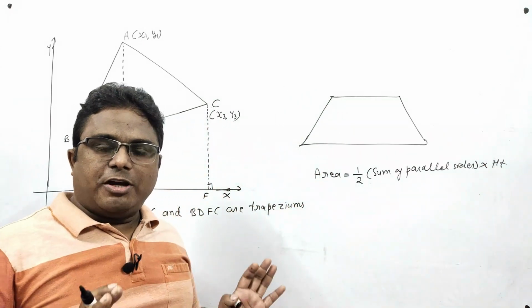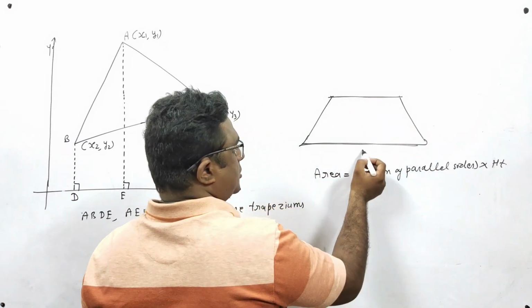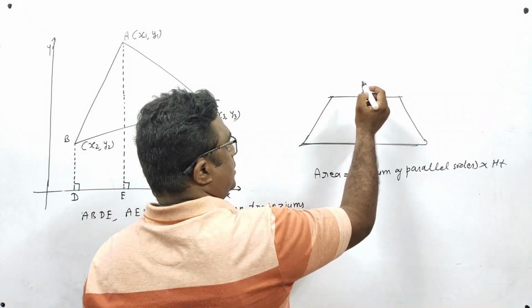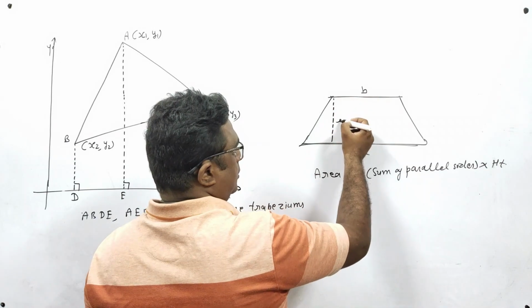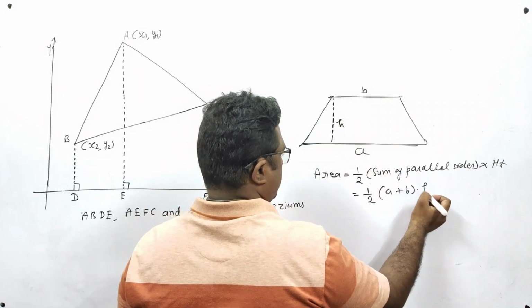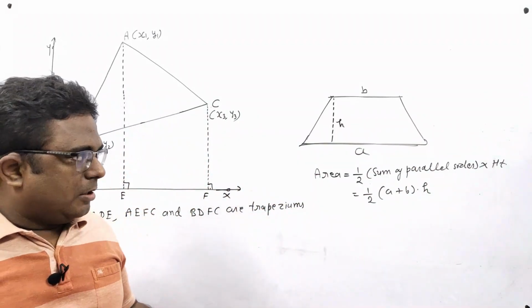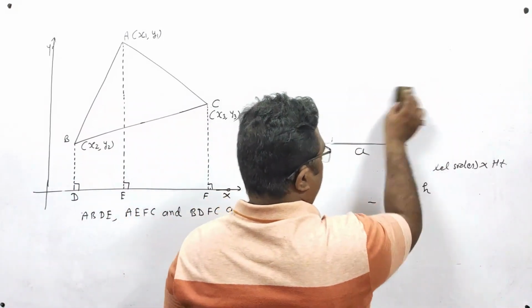This is the formula of area of a trapezium. This side is parallel to this side. Suppose its length is a and its length is b, and it is the height, then area will be half into (a plus b) into h.